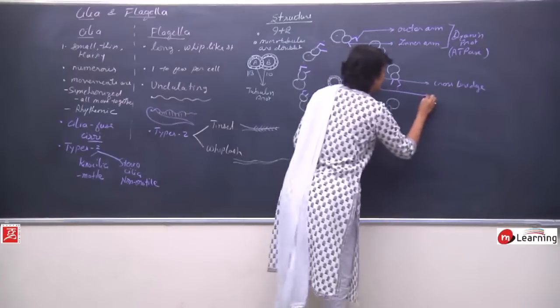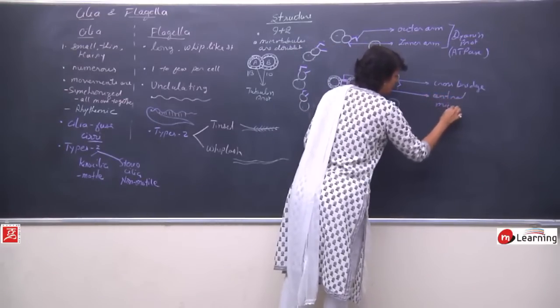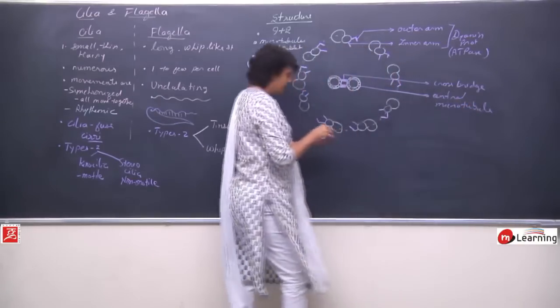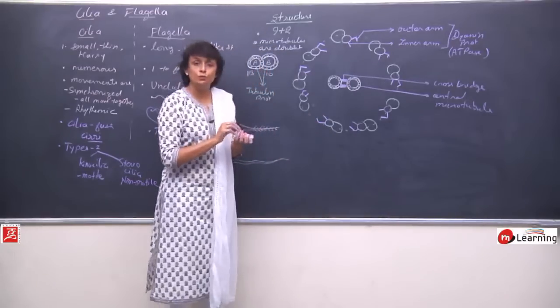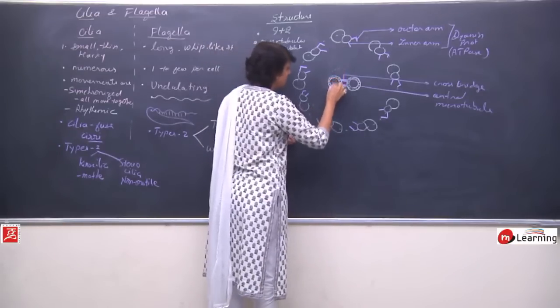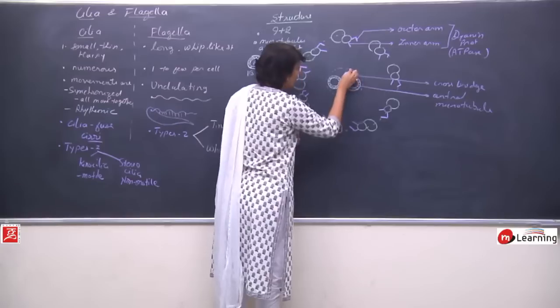This is the central microtubule. The central two microtubules are surrounded by a membrane. So, here there is a membrane which surrounds these two.